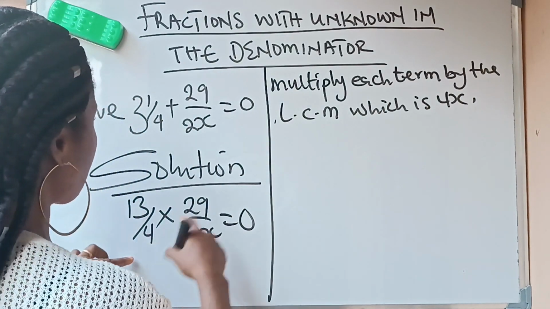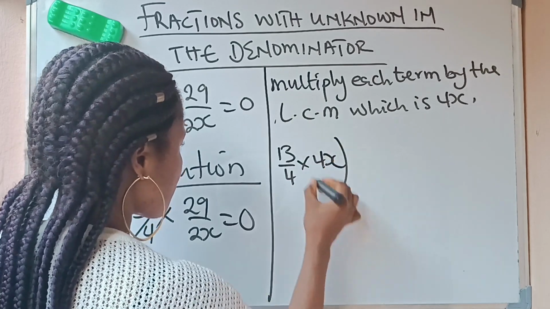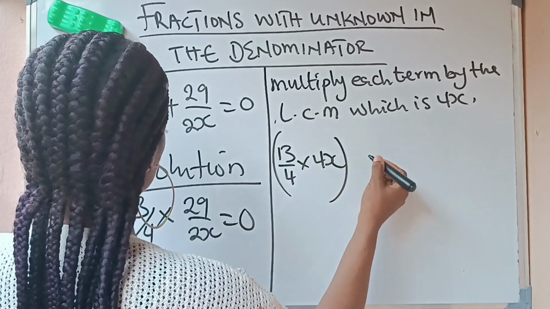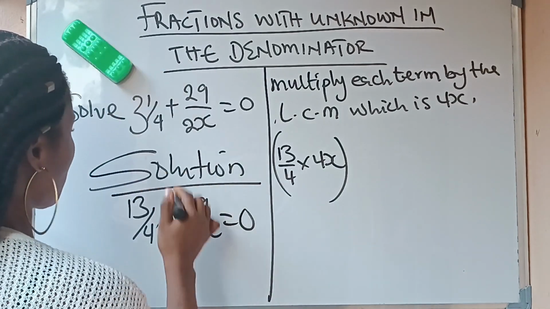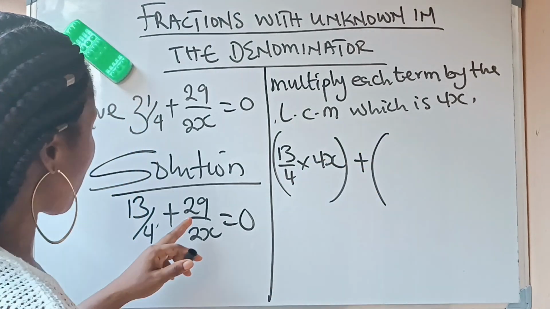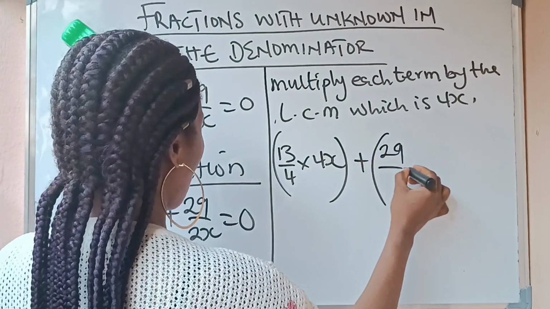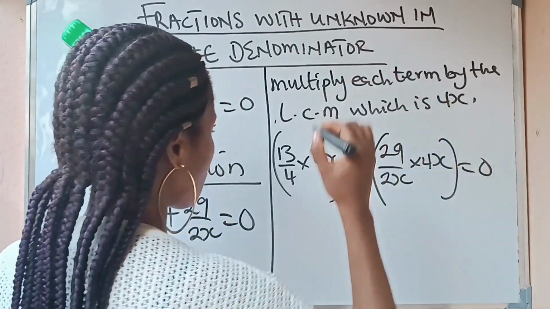So we are going to have 13 over 4 times 4x, plus, you open your brackets, 29 all over 2x times 4x is equal to 0.